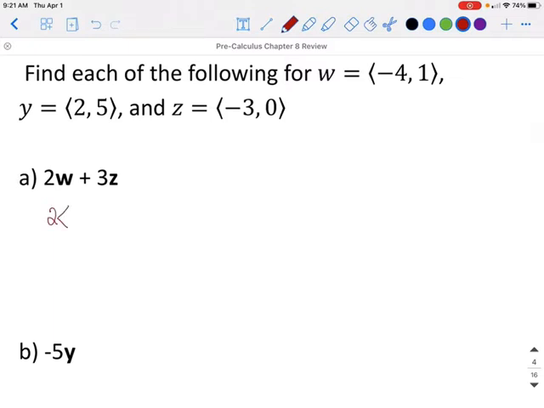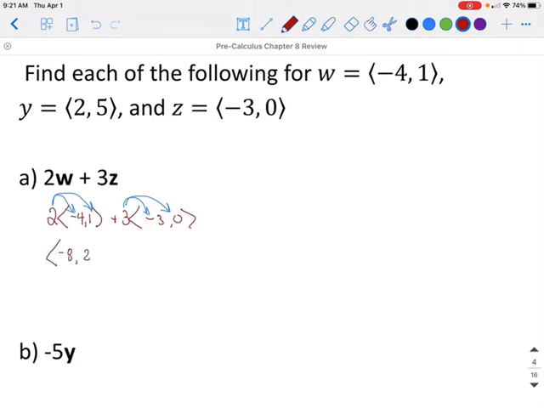Now we're going to do some vector operations. So 2 times vector w plus 3 times vector z. The first thing we're going to do is distribute into the vector.